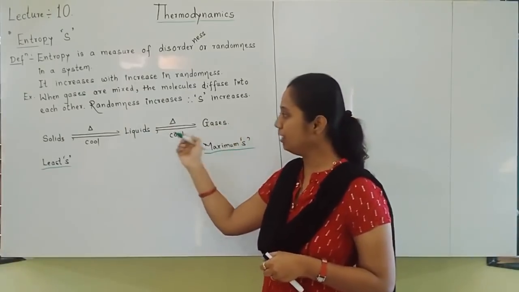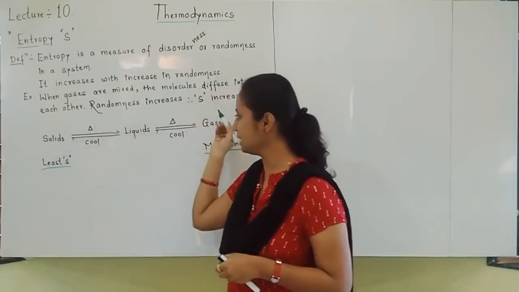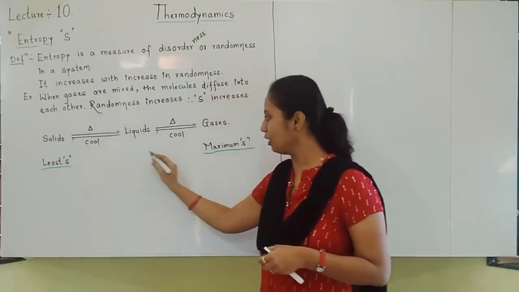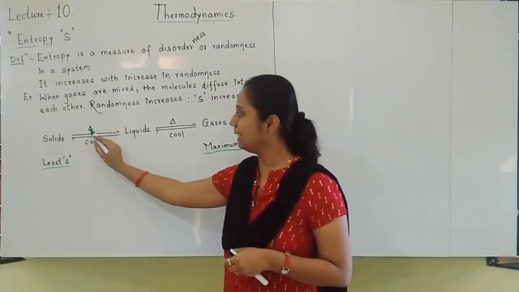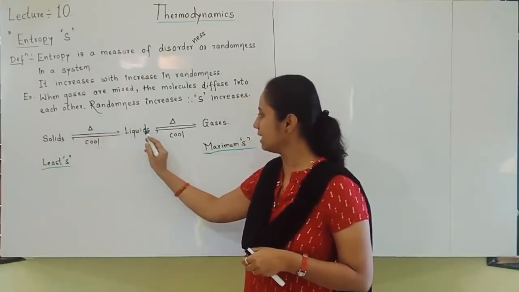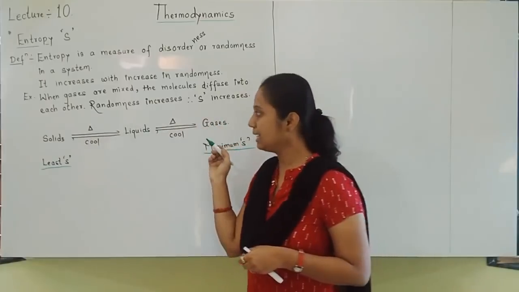So as we move from solids to liquids to gases, entropy goes on increasing. You know that on heating, solid gets converted to liquid and liquid gets converted to gas.